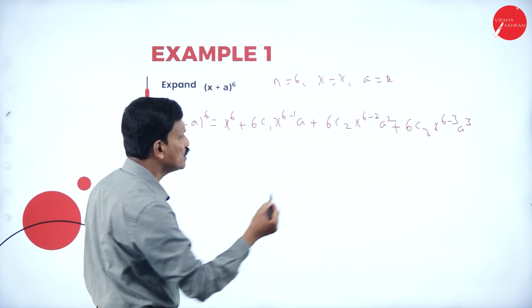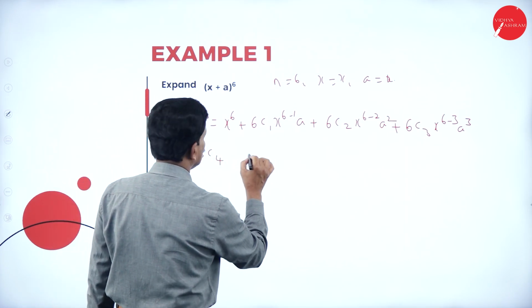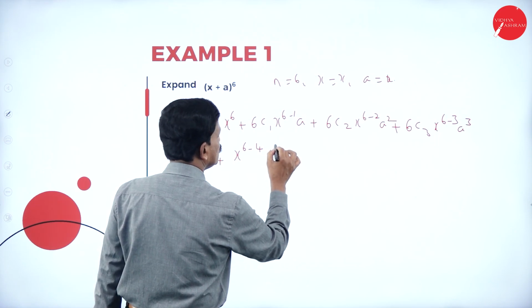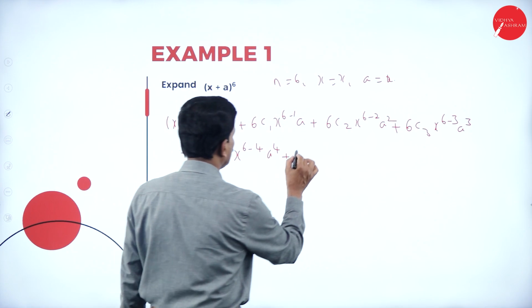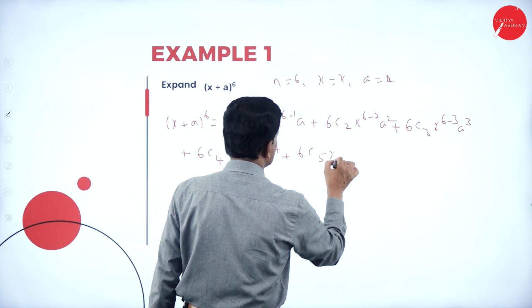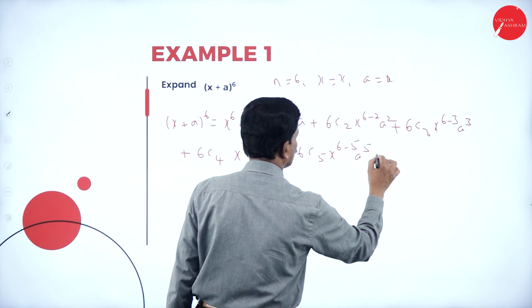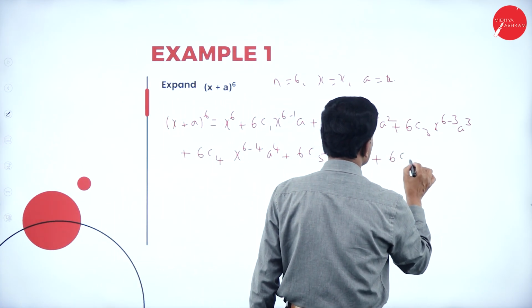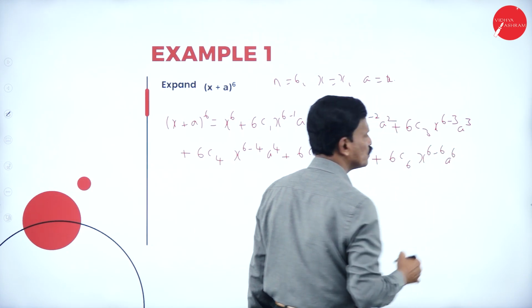The next term is plus 6C4 x to the power of 6 minus 4 into a to the power of 4, plus the next term 6C5 x to the power of 6 minus 5 a to the power of 5, plus the last term 6C6 x to the power of 6 minus 6 into a to the power of 6.